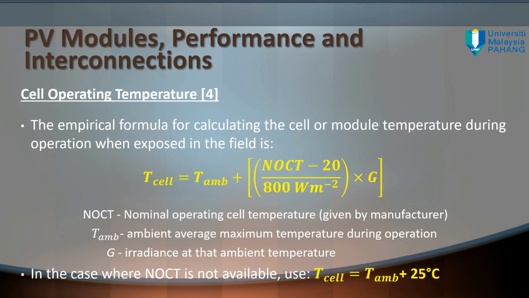Maybe that's one of the reasons they are doing the floating solar farm. I'm not sure what type of structure they have on the lake, or if they just simply install it like that. But one of the reasons is we can help cool down the cell by using the water.